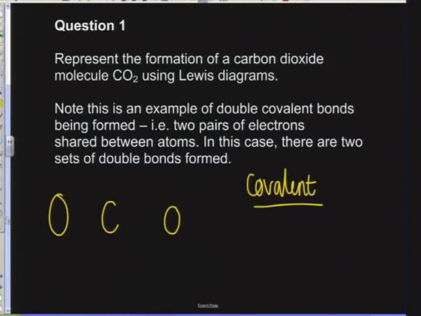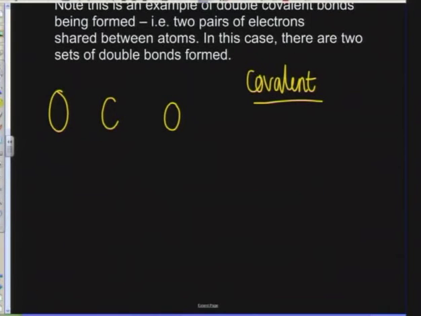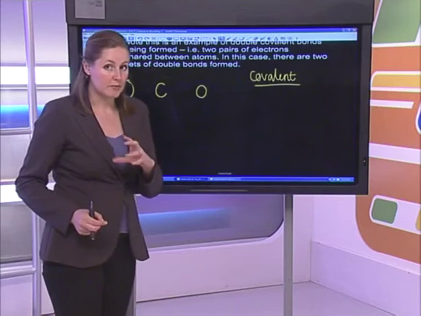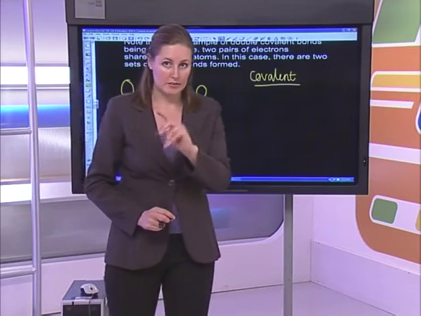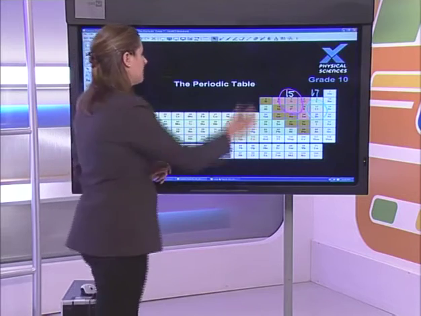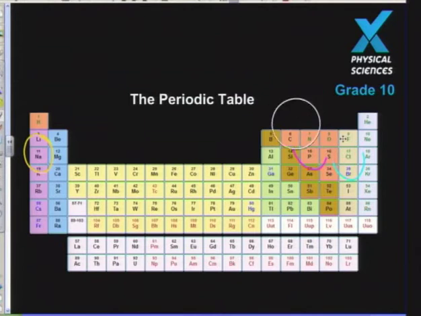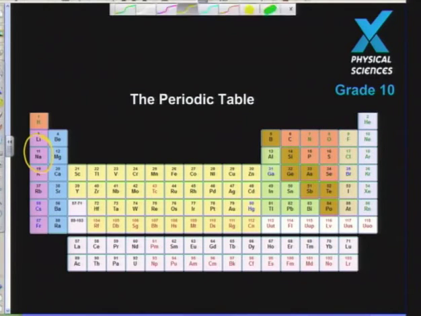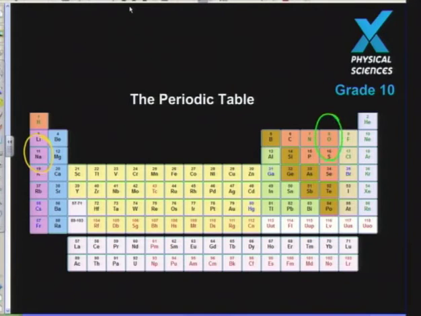And I've given you a bit of a hint, but let's start by drawing the Lewis diagrams of the individual atoms. Okay? And I'm going to jump across back to our periodic table. Let's clear some of these so we've got some space to work. And I want us to identify oxygen, an atomic number of 8, carbon, an atomic number of 6.